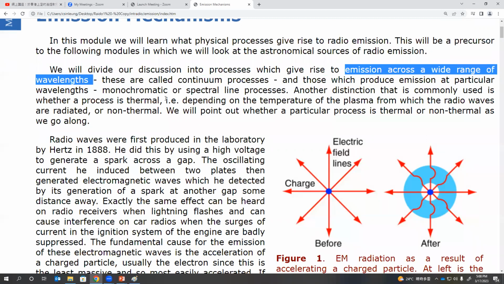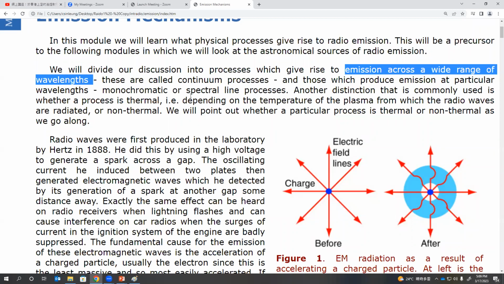You can imagine a figure where the y-axis corresponds to intensity, or you can regard it as flux density, and the x-axis corresponds to frequency. This is called the continuum spectrum and continuum process.